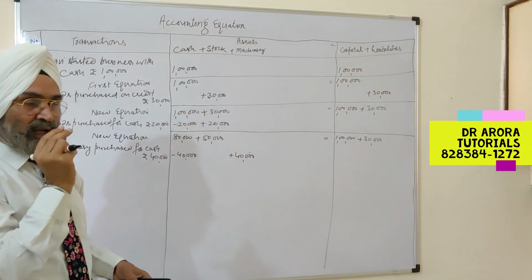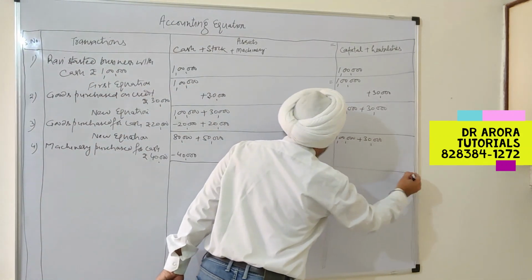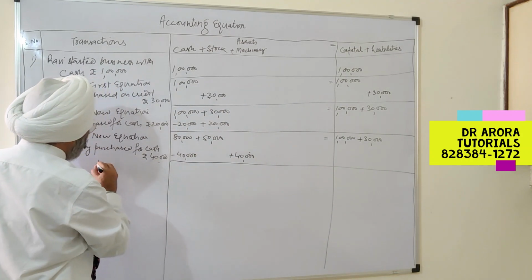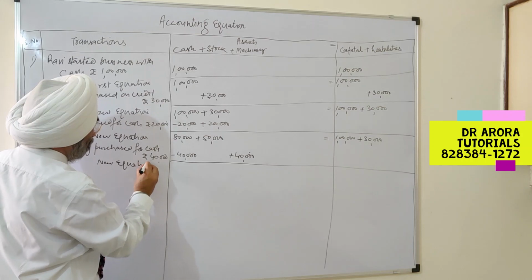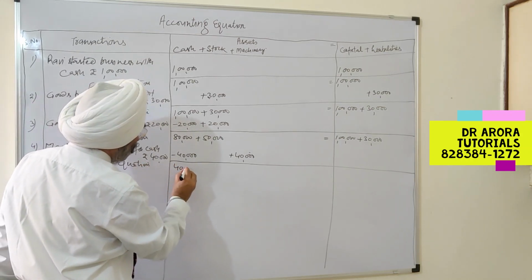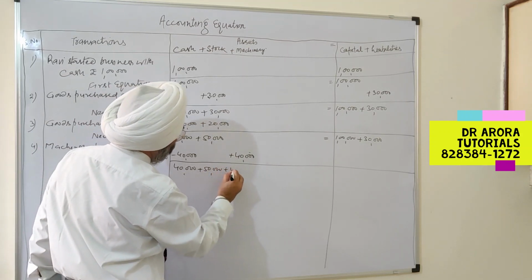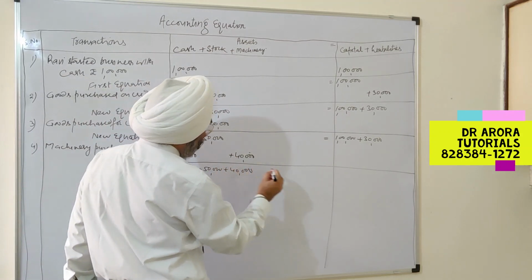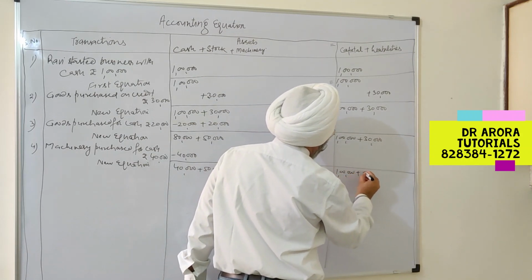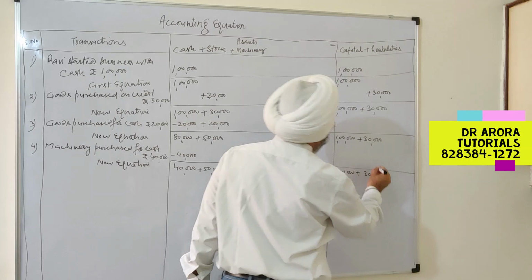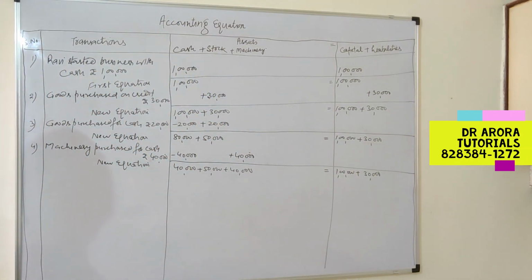Two aspects, dual aspect concept. So our new equation will be 40,000 cash, 50,000 stock, 40,000 machinery, and 1 lakh capital, and 30,000 as creditors. Both sides are equal.